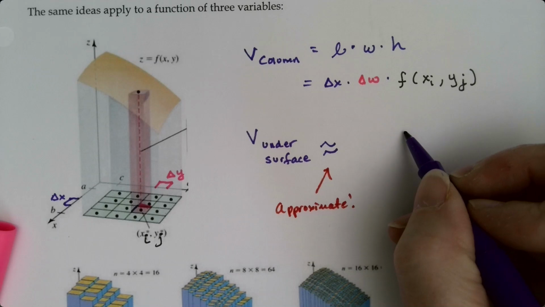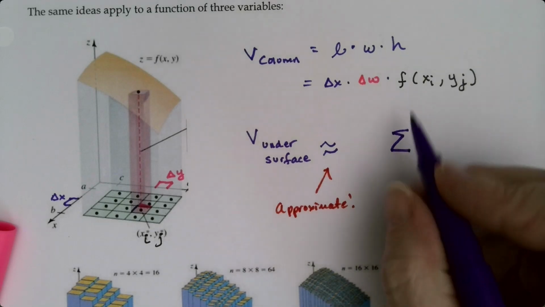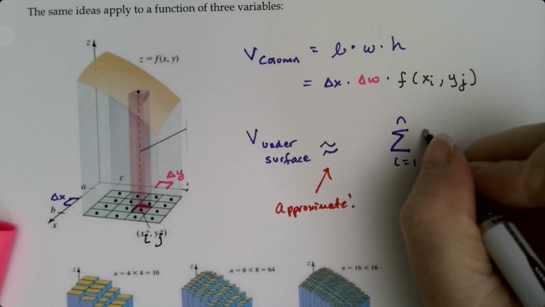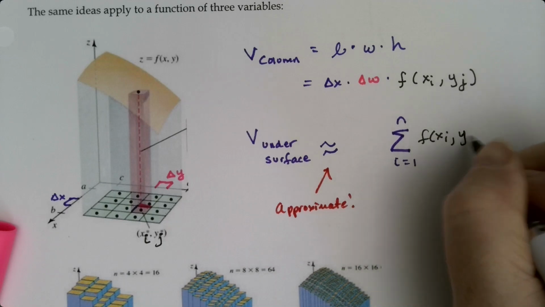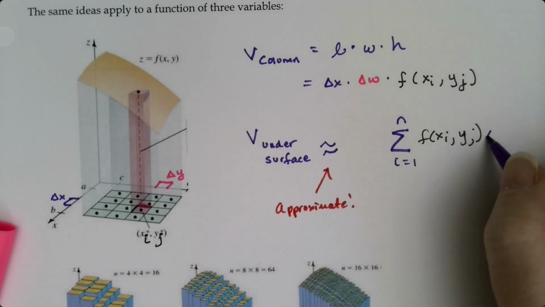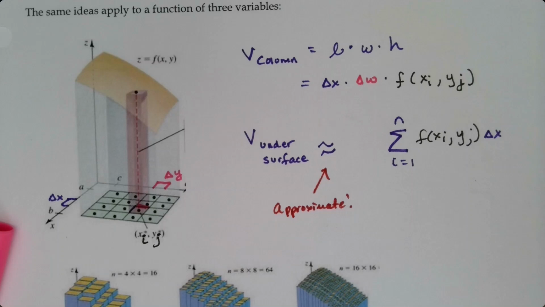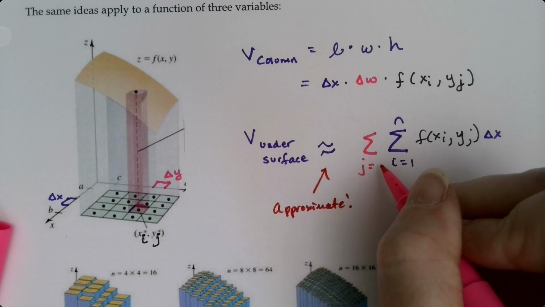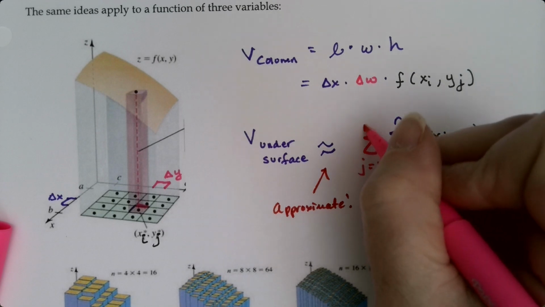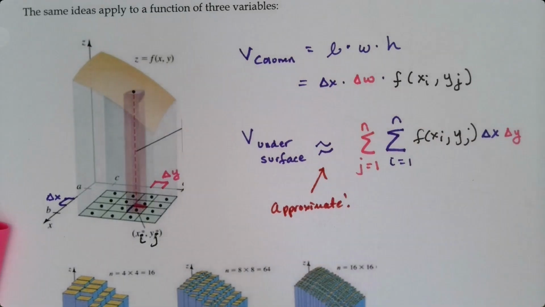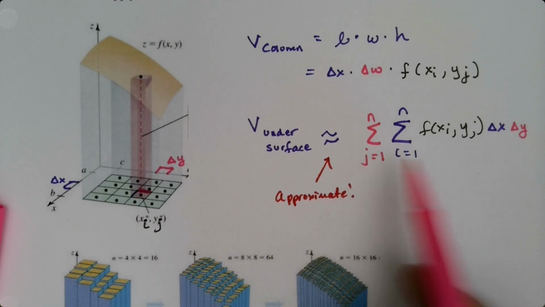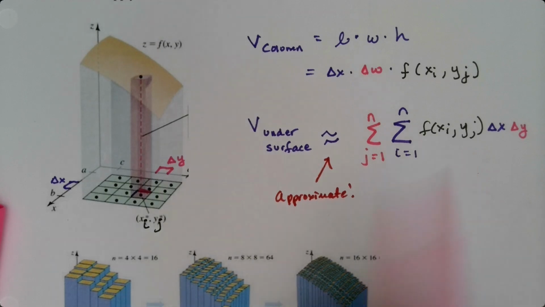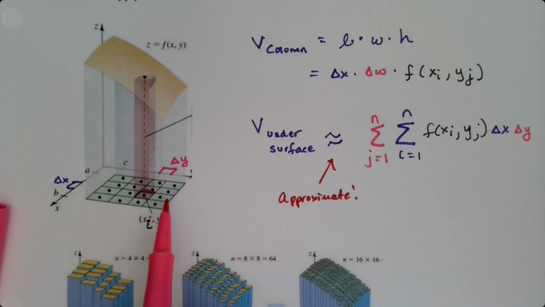So we're going to take our function and we're going to add from i equals 1 to n for the change in x. So we're going to add up all the x direction, and then we're also going to add up all the y direction. So from j equals 1 to n, delta y. So we have two addings to do instead of just one, because of course we have more dimensions, right? We have an x dimension and a y dimension, and we need to stack them up.